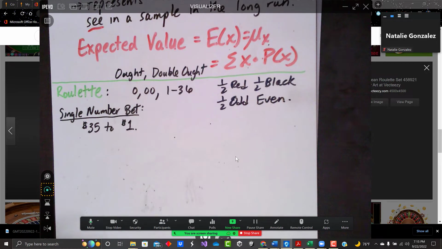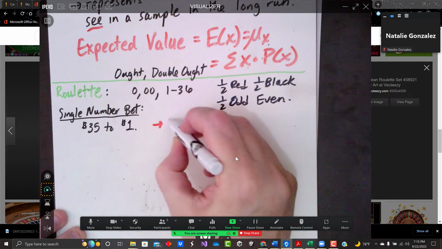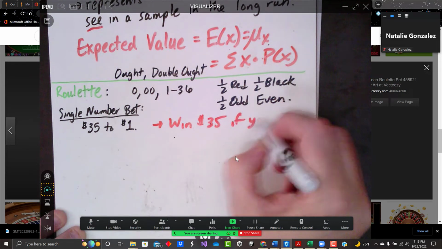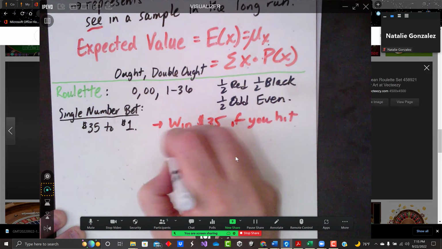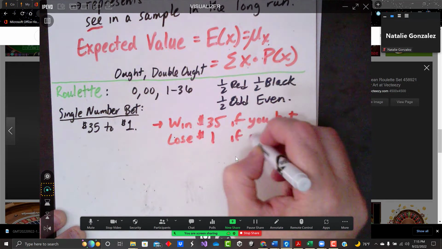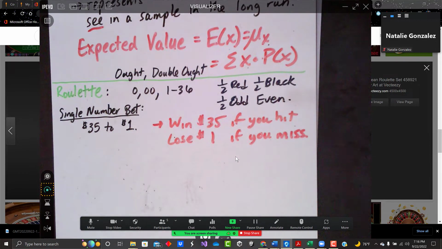What that means when we see a ratio like that is you win $35 if you hit. You lose $1 if you miss. The reason they do this is that without 0 and double 0, this would be even money.